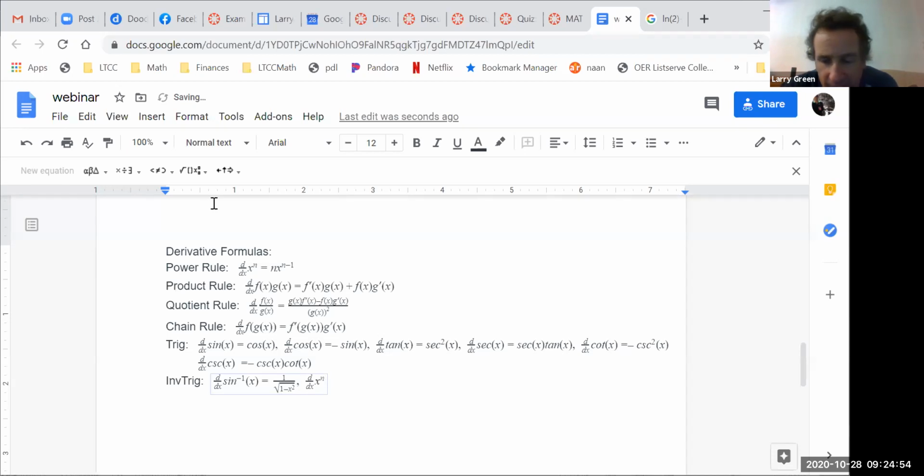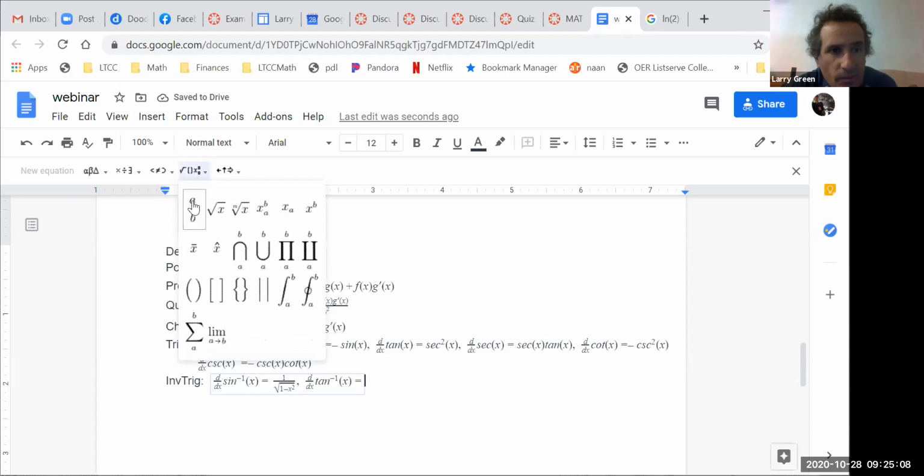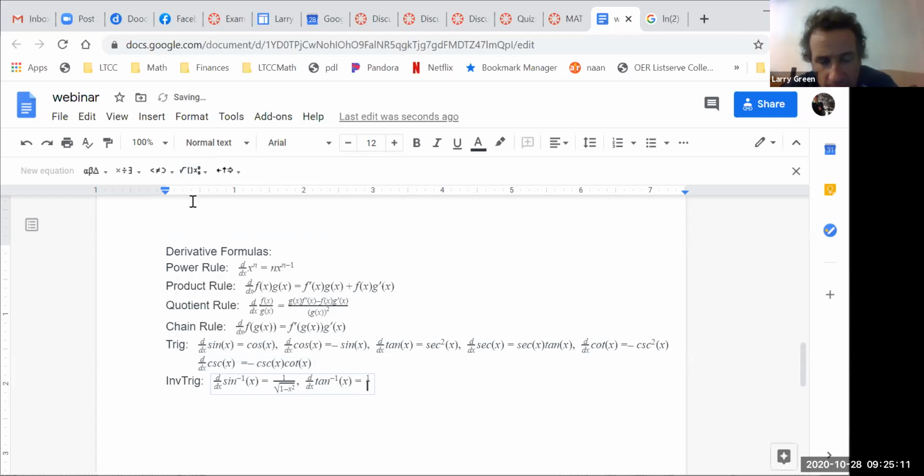And then we'll take the derivative of the tangent inverse of x. And that was the fraction 1 over 1 plus x squared. And then we have the derivative of the secant inverse of x.